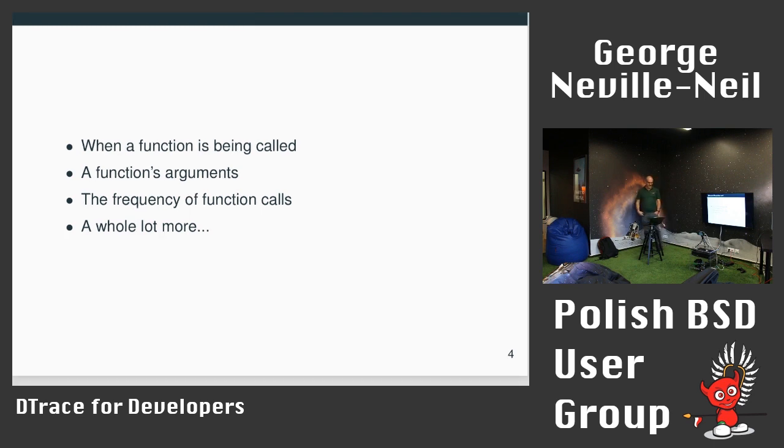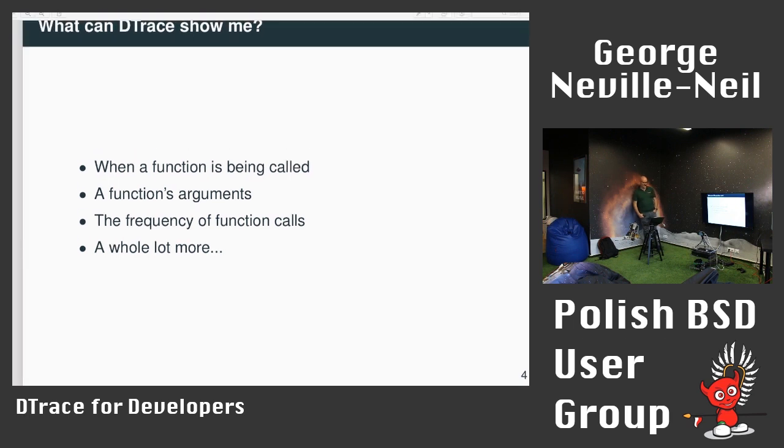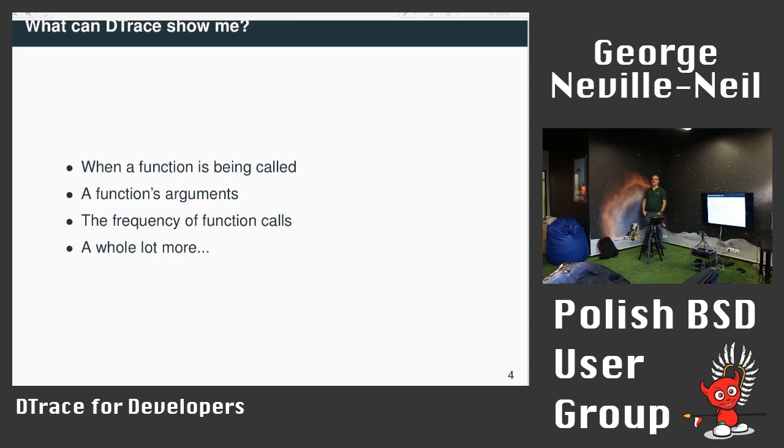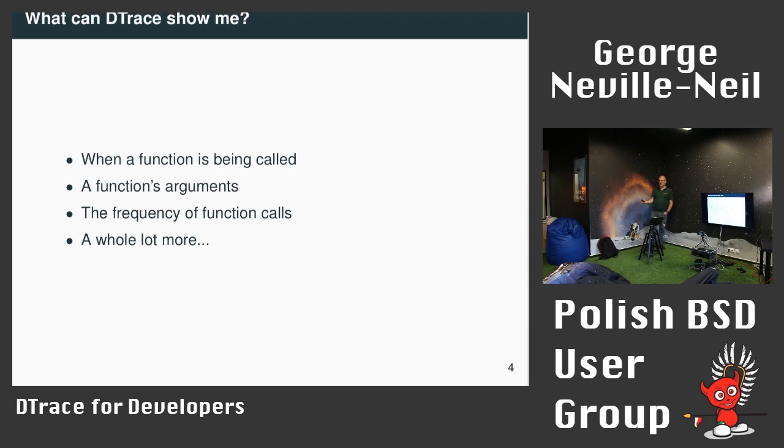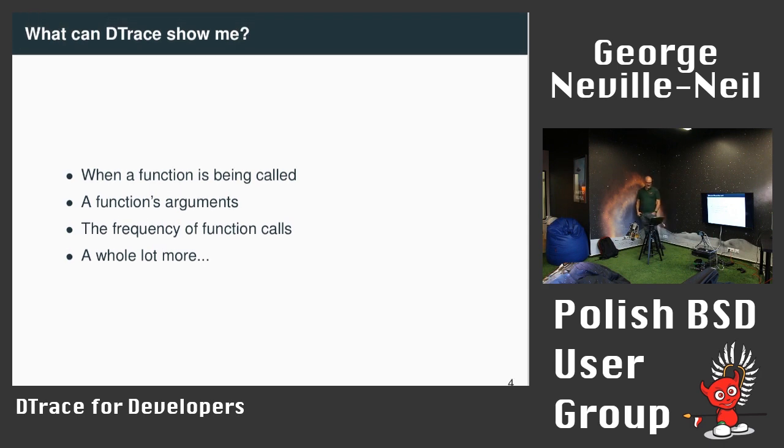Watch points are one thing, but they're not really very much. DTrace can show you quite a bit about both user space applications and the kernel, including things like when a function is being called, what arguments were passed to that function, and things like the frequency of various system and function calls within a piece of software, and a whole lot more, which we'll talk about.